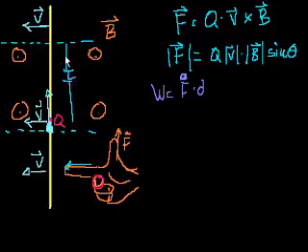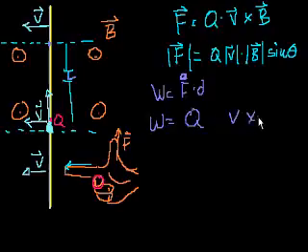Well, this distance is L. Once the particle gets here, there's no magnetic field up here, so the magnetic field will stop acting on it. So the total work done, which is equal to force times distance, is equal to, so the net force is this up here, Q, V cross B, times the distance.